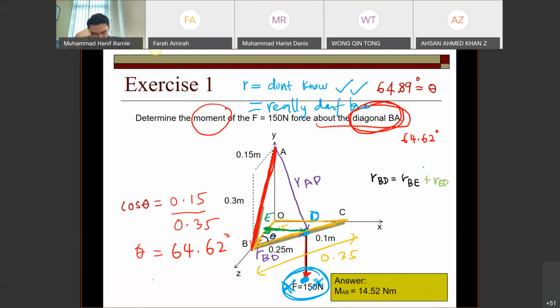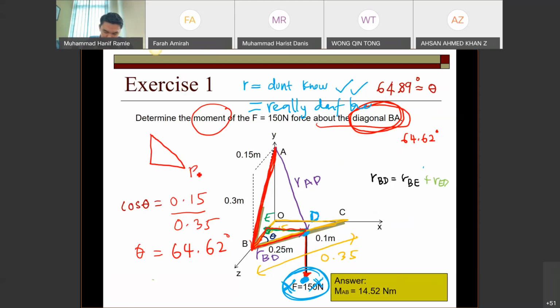So from this theta, you can get ED and also BE. Using the small triangle there, let's put it in two dimensions.